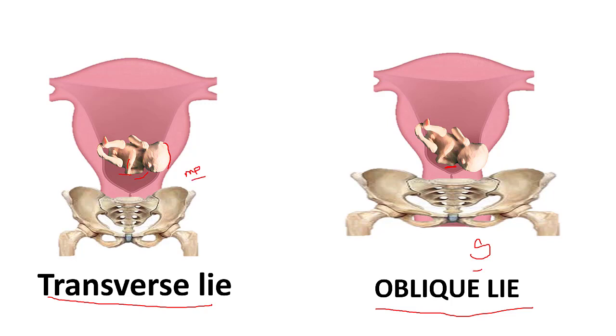So clear your concept that transverse lie and oblique lie are abnormal lie, and in oblique lie and in transverse lie, the fetus will present with malpresentation. I have discussed in detail about them in lecture 2 and lecture 3 of malpresentations, so kindly watch that lecture.